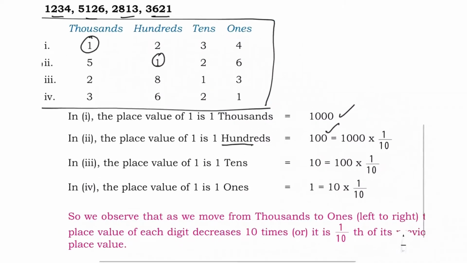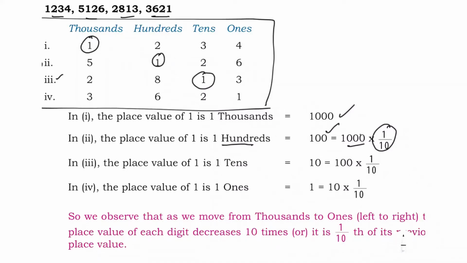Now, if you notice, 100 is 1000 into 1 by 10. We can write 100 as 1000 into 1 by 10. In the third number, what's the place value of 1?